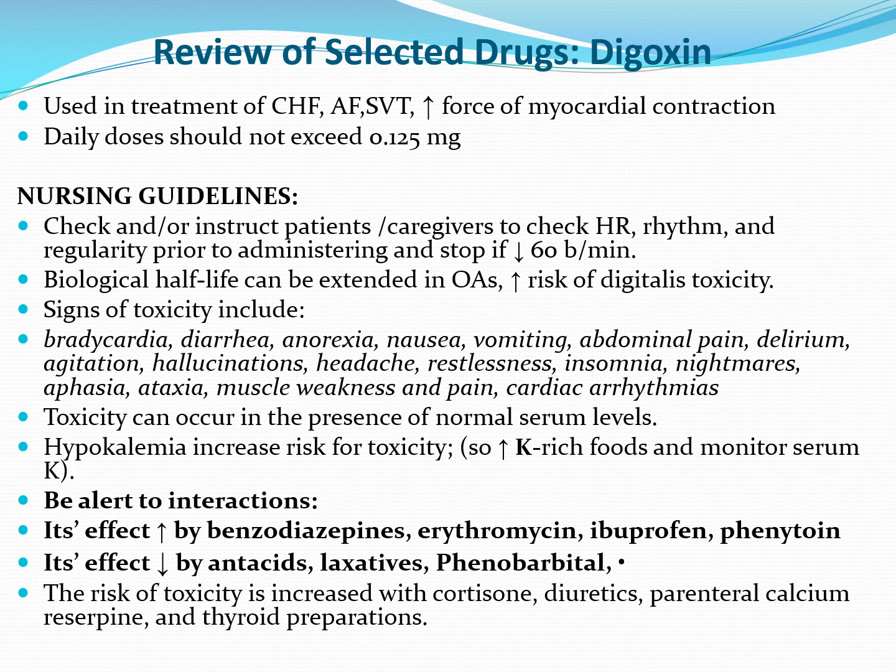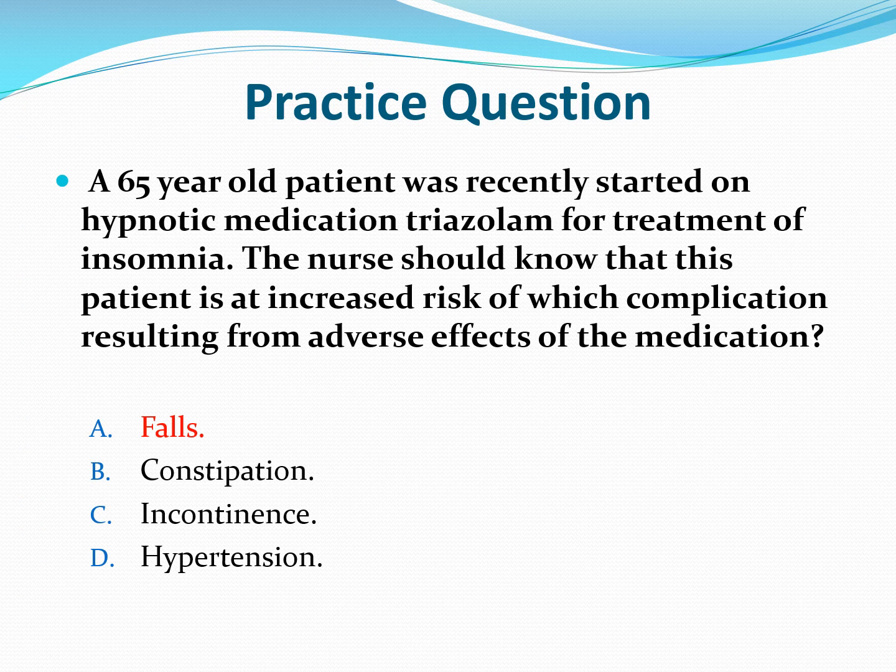It can cause toxicity, so it's very important for us as nurses to be alert, because its effect can be increased by benzodiazepines, erythromycin or ibuprofen, and even phenytoin. The effect can be decreased by antacids and laxatives and even phenobarbital. There is a high risk, as I mentioned, for toxicity, and that's why we need to monitor the toxicity.